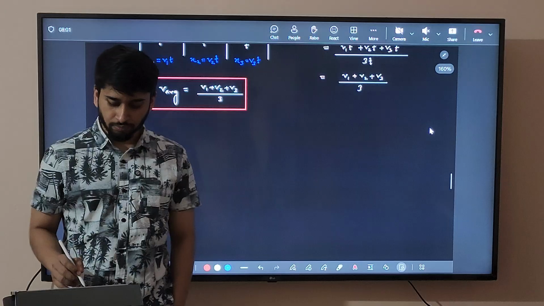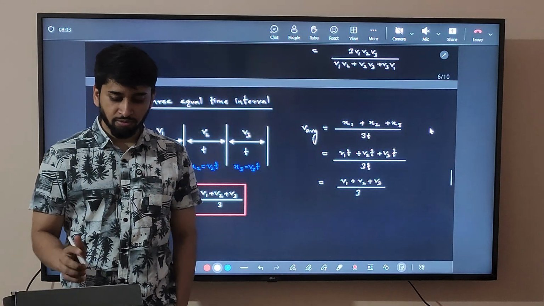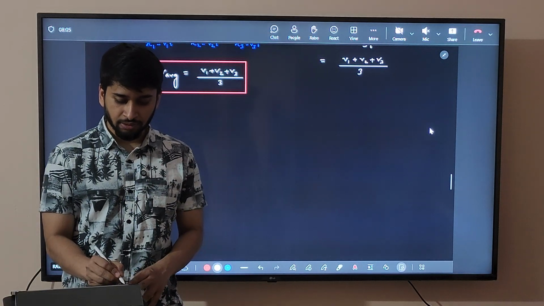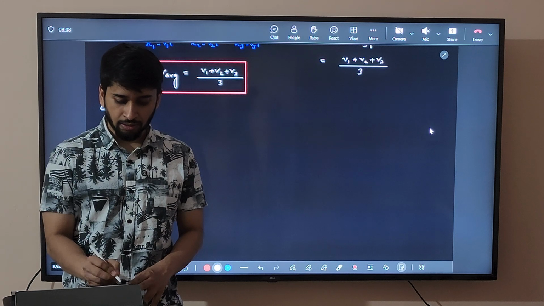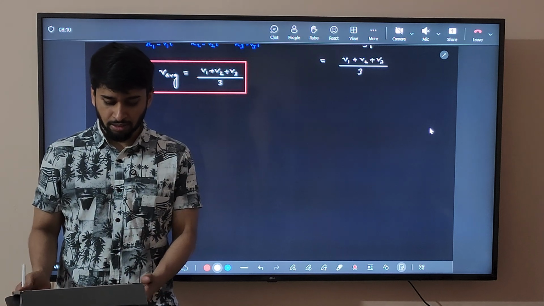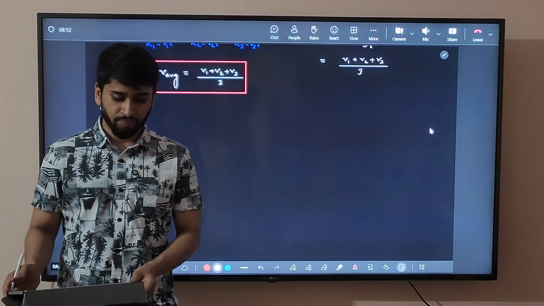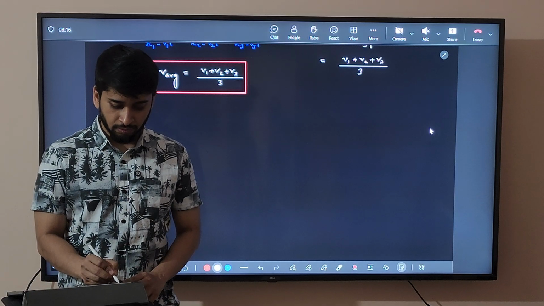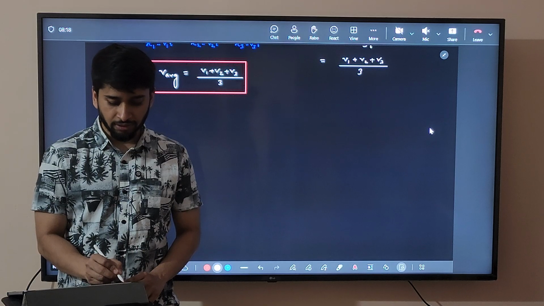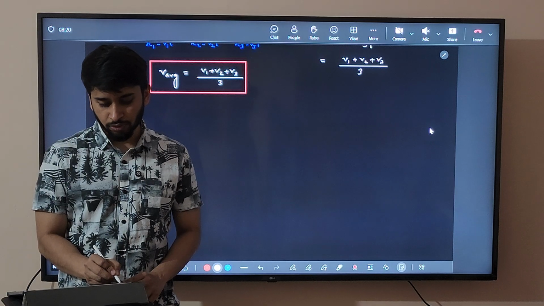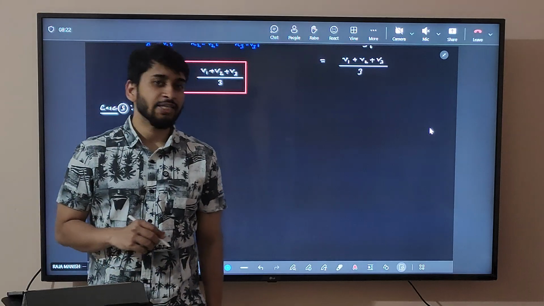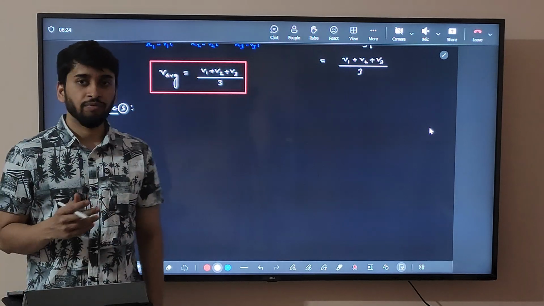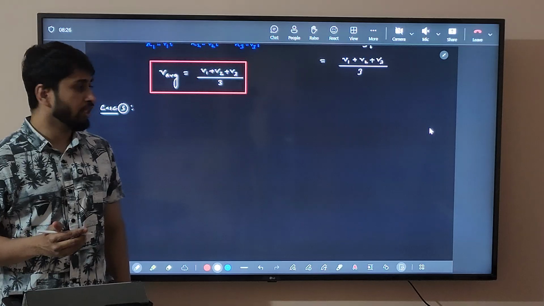That will become case 5, which is about combination.